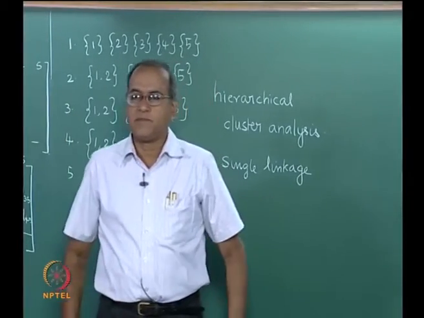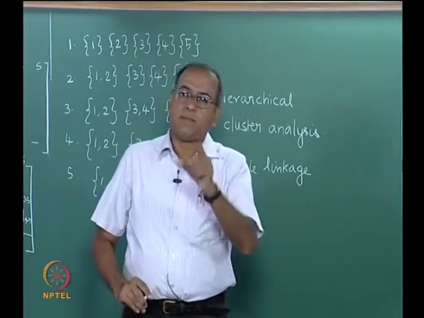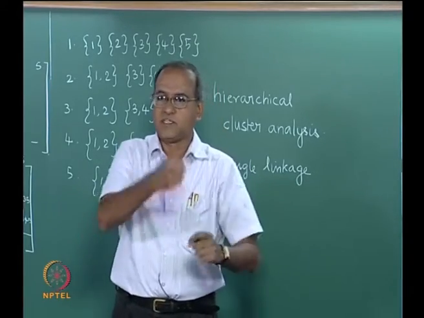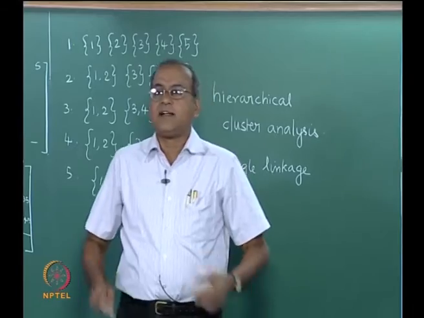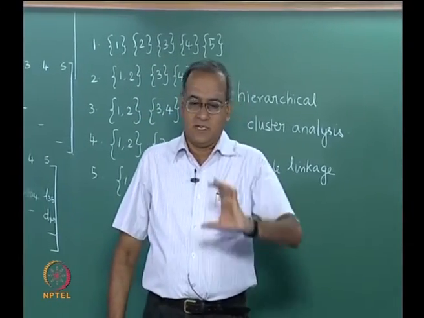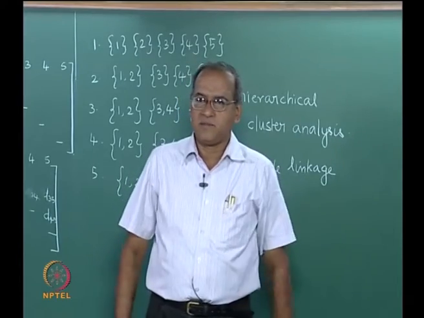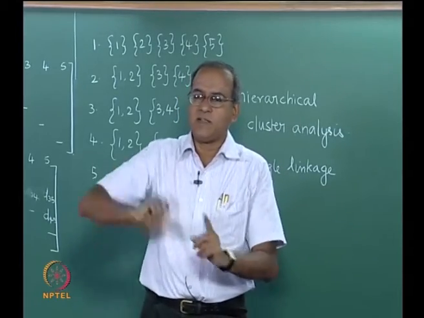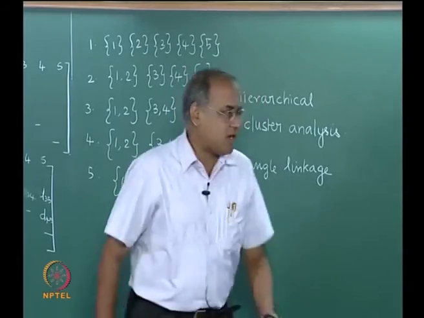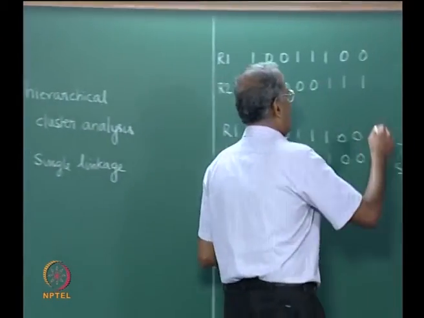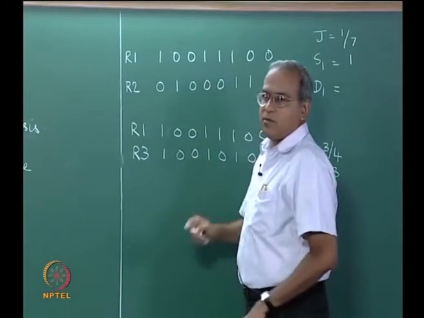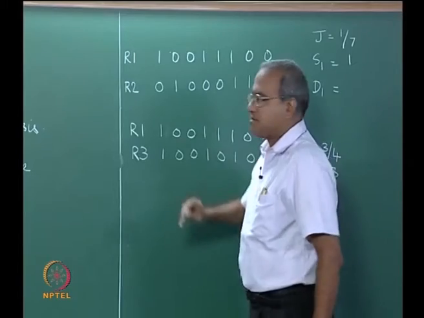Now, if there are parts that visit one machine and do not visit the other machine, then that obviously represents dissimilarity. A 1 1 represents similarity, a 0 1 and 1 0 represents dissimilarity. Now, suppose we call dissimilarity D1, in this case only the 1 0 or 0 1 pairs.